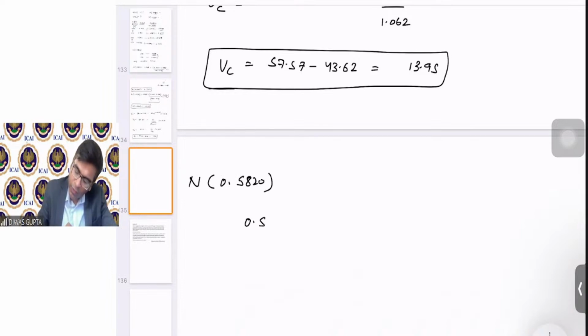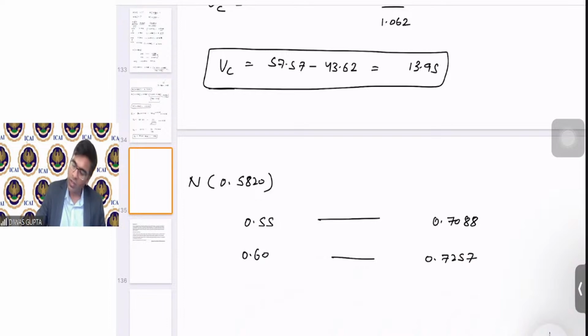We have it for 0.55 at 0.7088 and 0.60 as 0.7257. Okay, this is what we have.